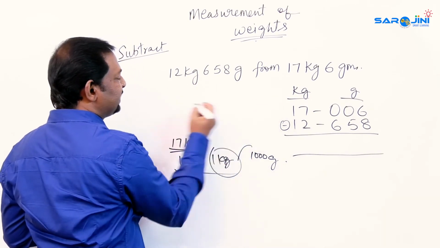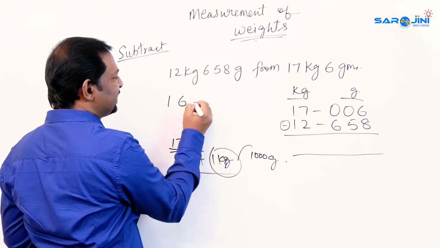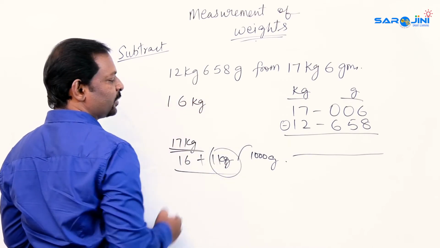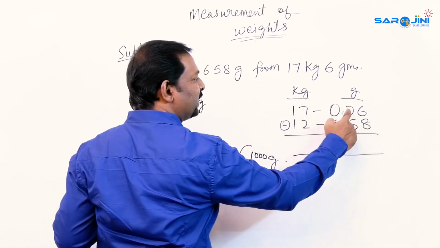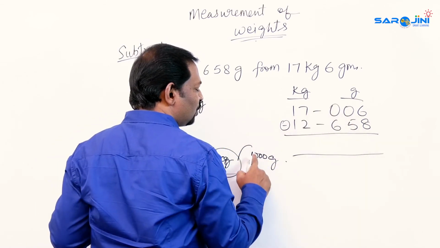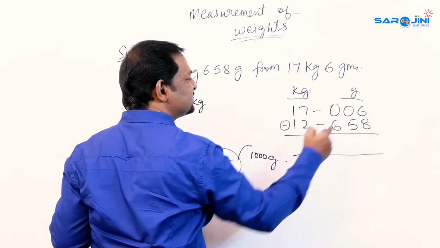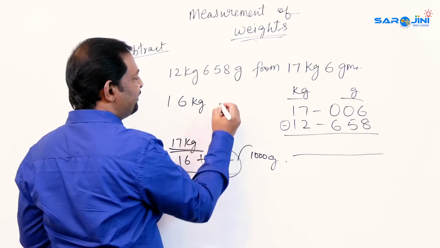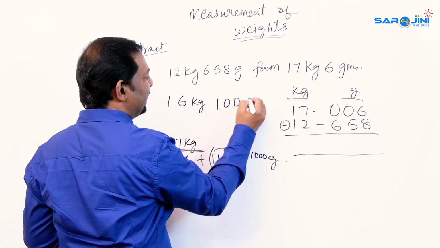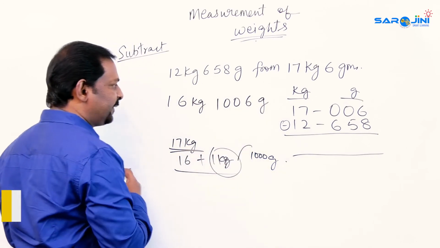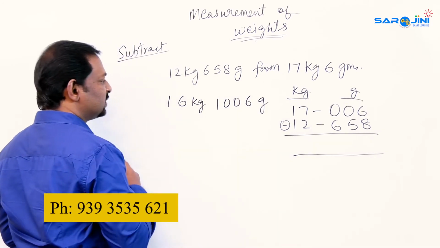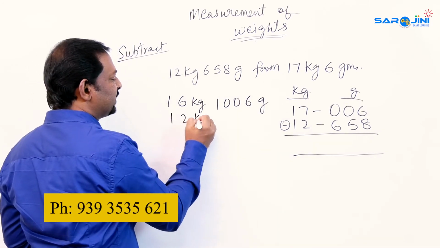So 17 kgs will become 16 kgs, right? And this 1000 will go and add to this one. So 1006 grams.